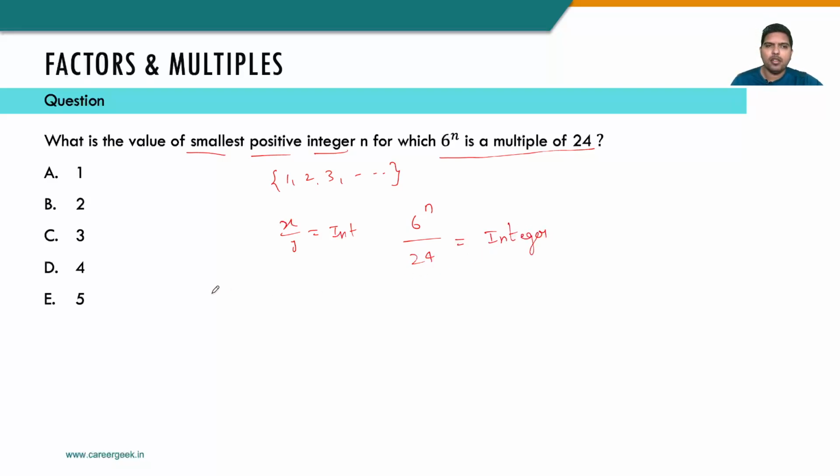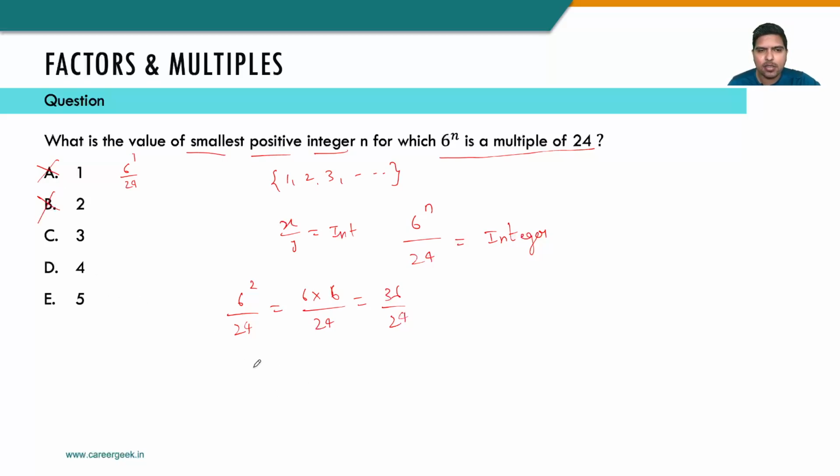Okay. So the best way to solve this is to substitute, right? So when n is 1, let's say 6 power 1 upon 24. Is this an integer? The answer is absolutely not. For 2, 6 square upon 24. Now 6 square is 6 into 6 upon 24. We know that 36 upon 24 is not an integer.